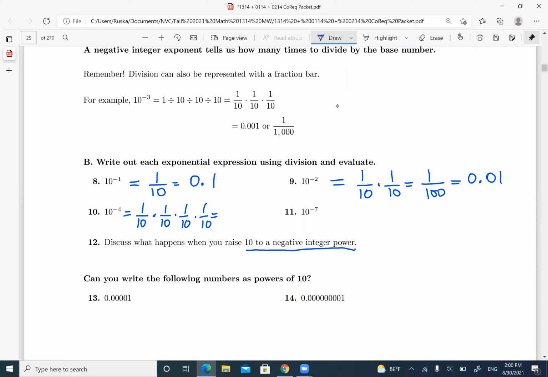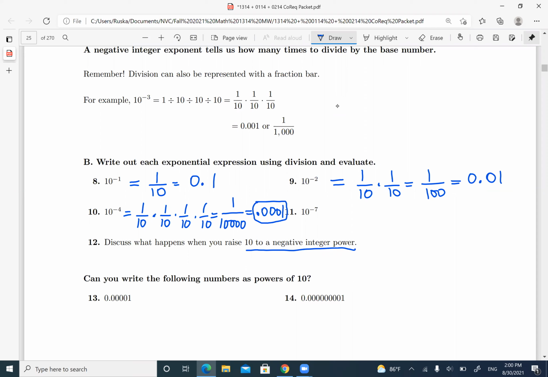And that will be 1 over 1 with 4 zeros, right? So that's going to be 0.0001, okay? That's 1 over 10,000, right?